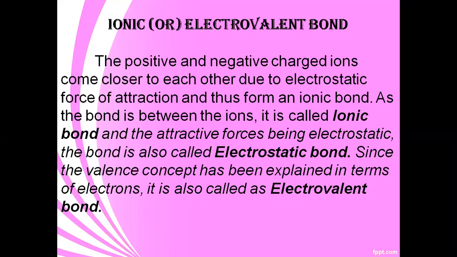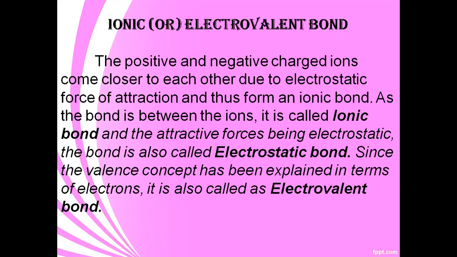Already we know that the atom that loses an electron will form a positive ion, that is a cation, and the atom that gains electrons will form an anion, that is a negative ion. So the positive and negative charged ions come closer to each other due to the electrostatic force of attraction and thus form an ionic bond. The bond between the ions is called an ionic bond.